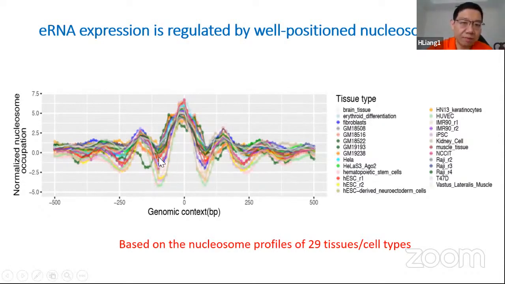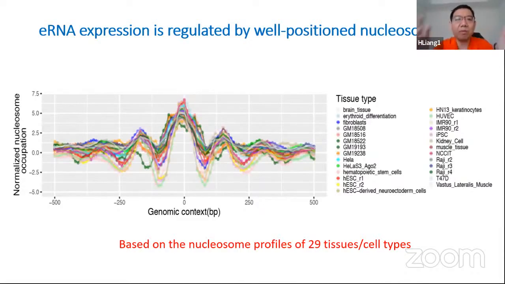So basically, you can think of this y-axis as the normalized nucleosome occupation. We should mention that ERA is very tissue specific. When you have this enhancer signal, they usually only activate in one or a few tissues. They are silent in most tissues.